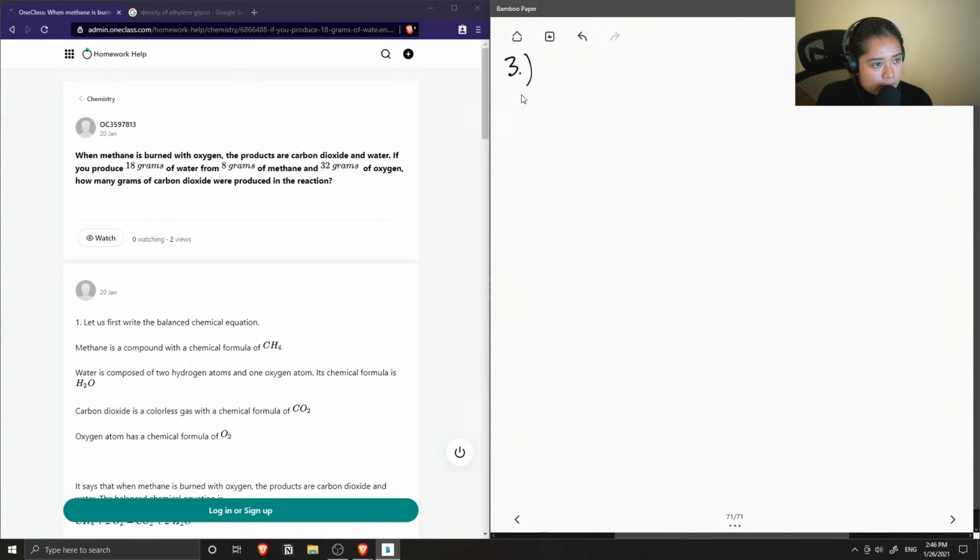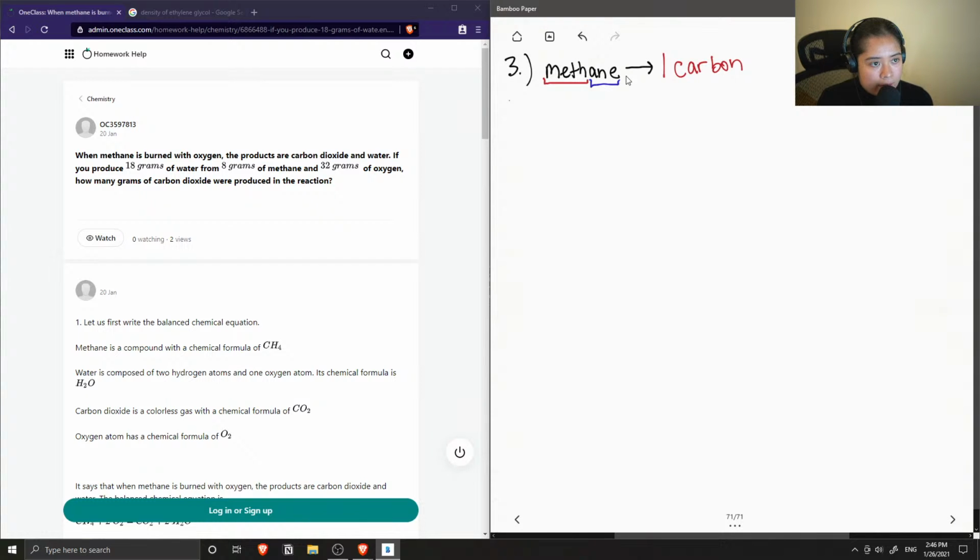So first, let's write out the formula for methane. So if we try to analyze the word methane, it has the prefix of meth, which tells us that there is only one carbon.